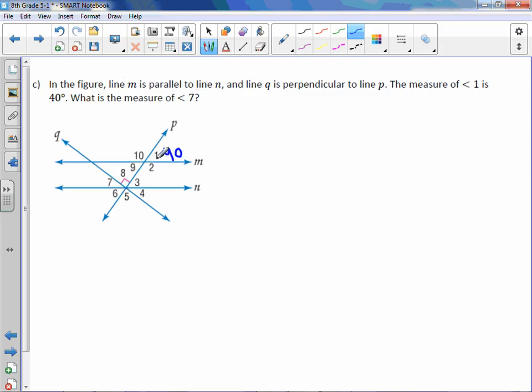If you don't know how to get from angle 1 to angle 7 right away, then just start finding all the angle measures you can. So I have this intersection right here, which tells me that angle 9 is vertical to angle 1, therefore angle 9 is 40 degrees.